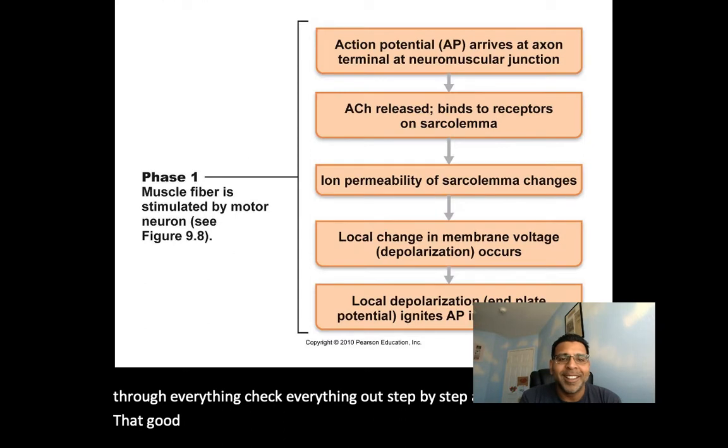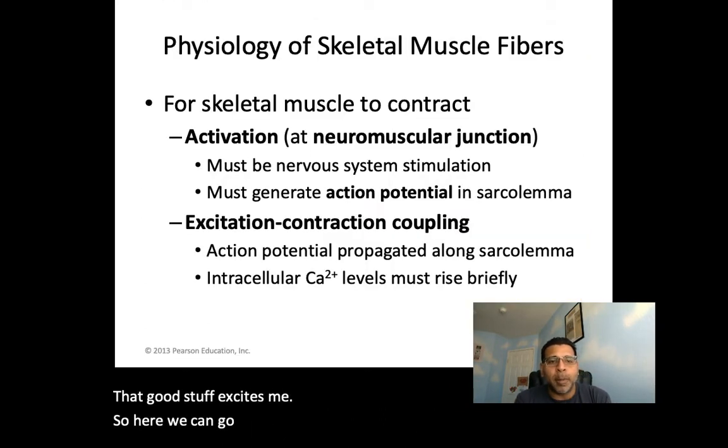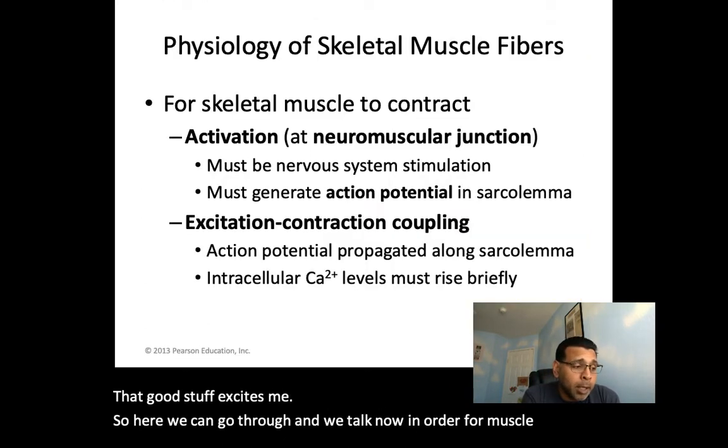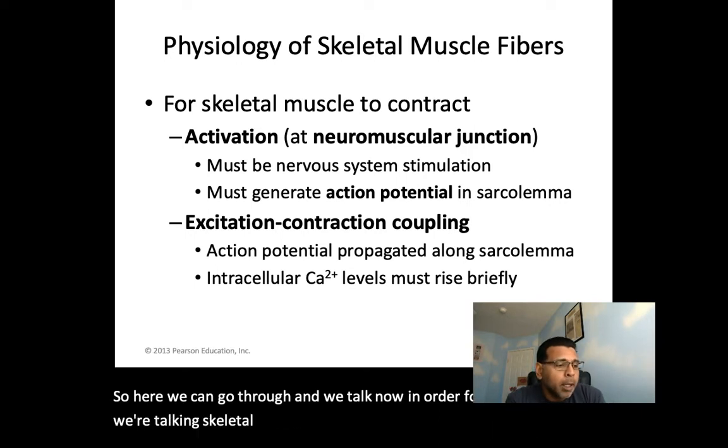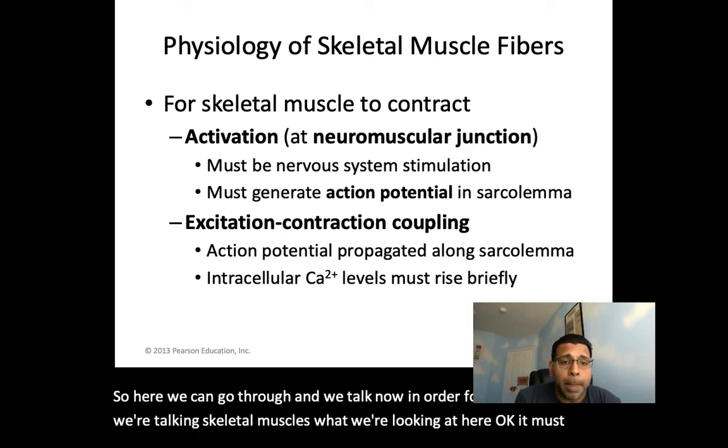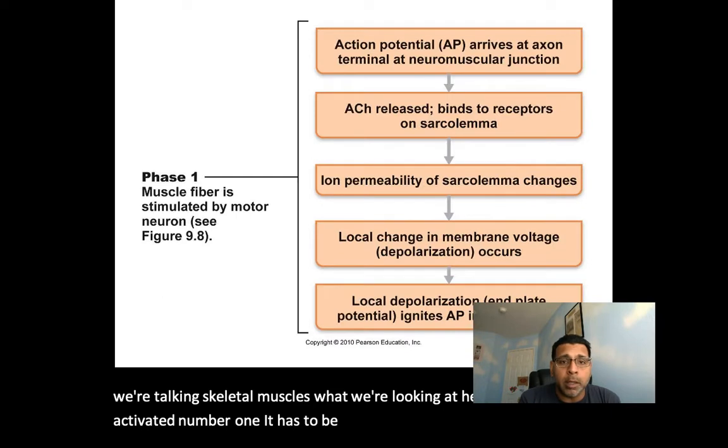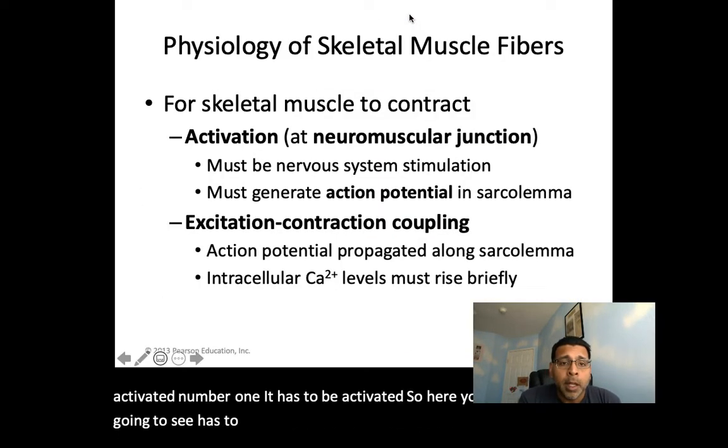Excites me. So here we talk now, in order for a muscle to contract, right? We're talking skeletal muscle is what we're looking at here. It must be activated, number one.